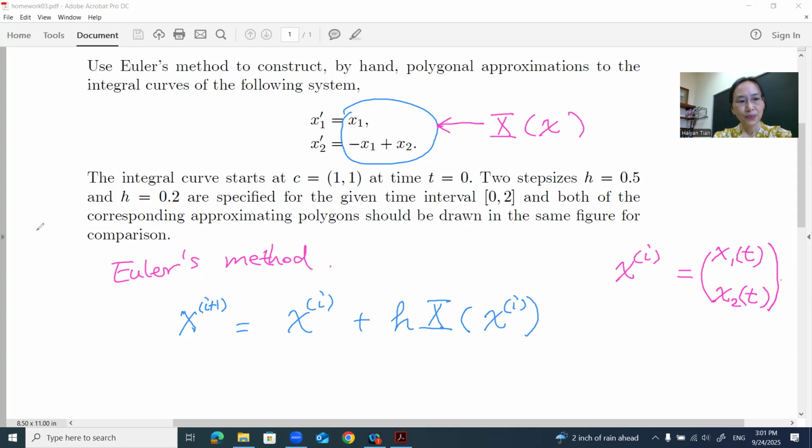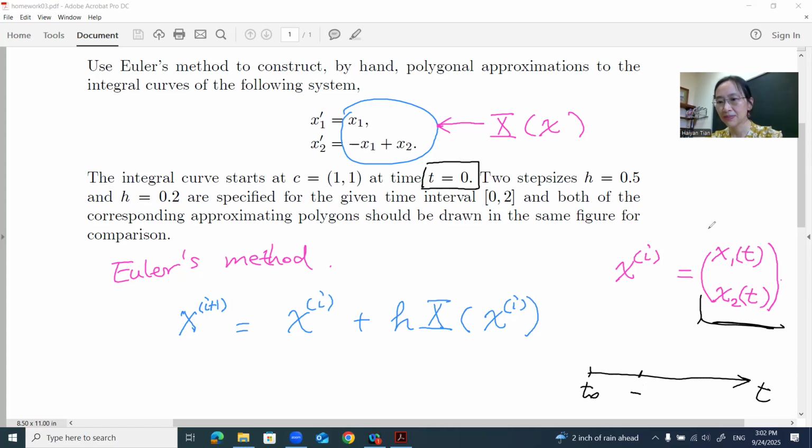But when we discretize the t, suppose we start from a certain t, like when t is 0, we can call that starting from t0. And then we go forward in the direction of time, we want to find the solution x, the vector. This is the solution x at different times. So that's what we're trying to do.